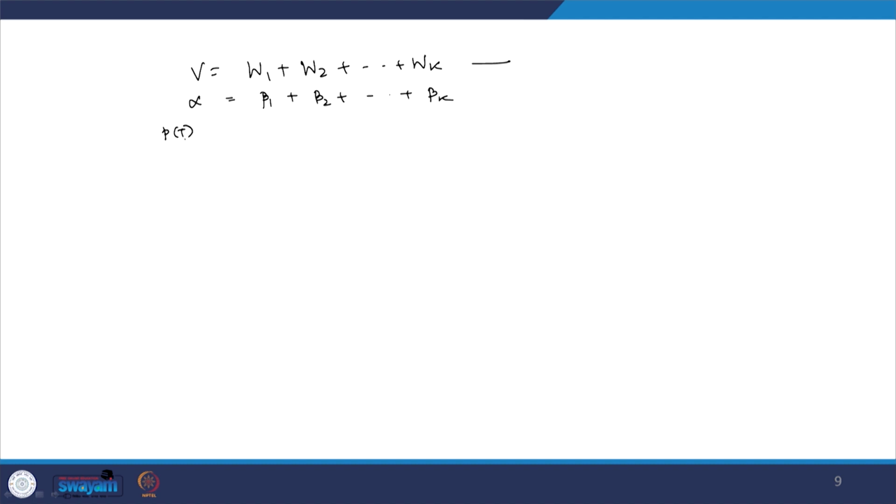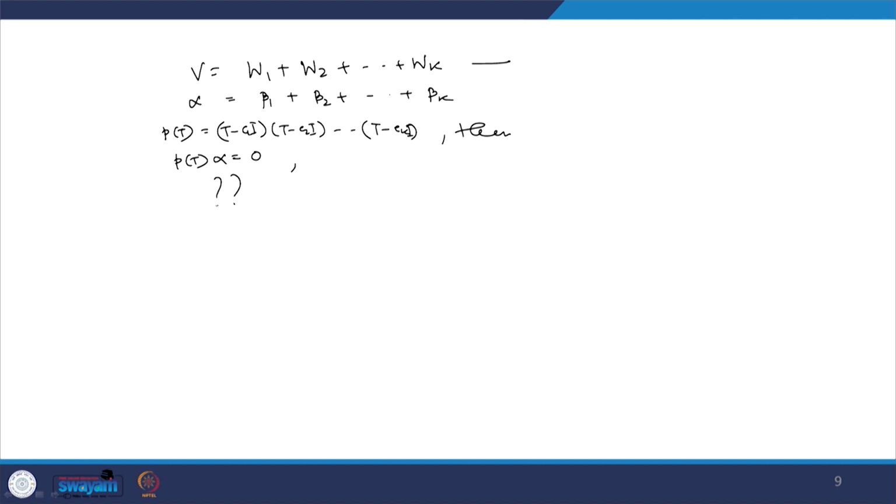Now p(T) equal to (T minus c1I)(T minus c2I)...(T minus ckI). If I consider this operator, then you see that p(T) annihilates alpha, p(T) alpha equal to 0. How?